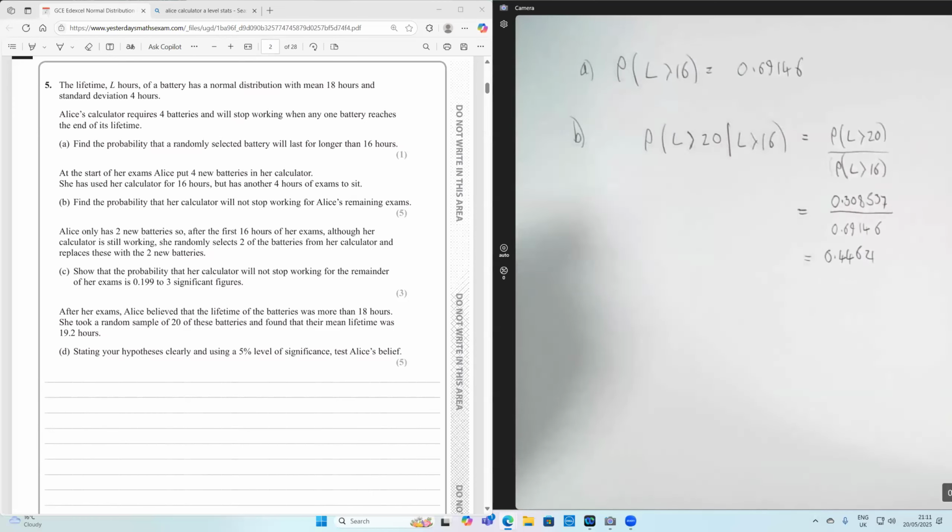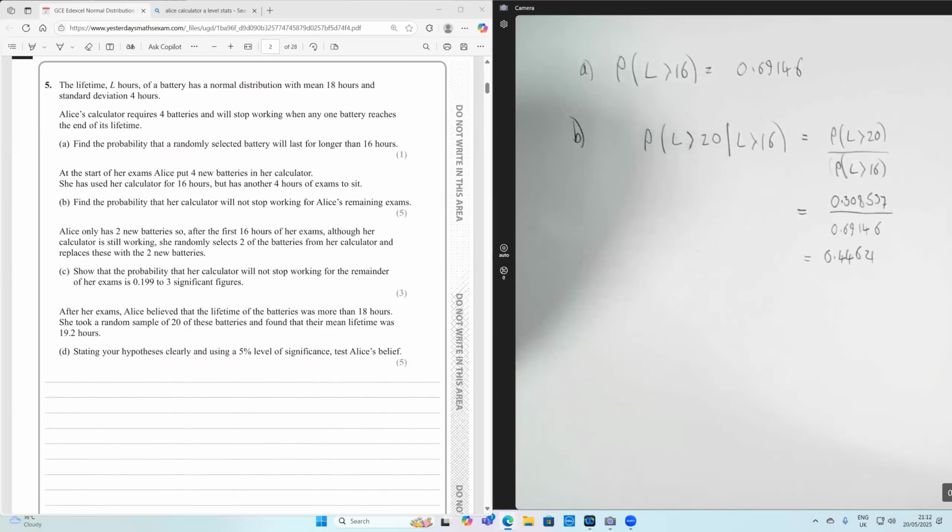Whenever you see this, and you frequently do in these kind of normal distribution questions, the key is to think about that becoming the denominator.